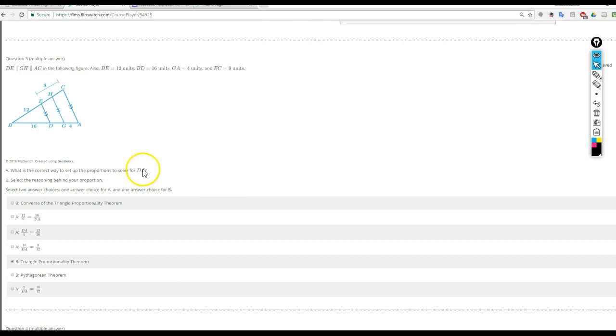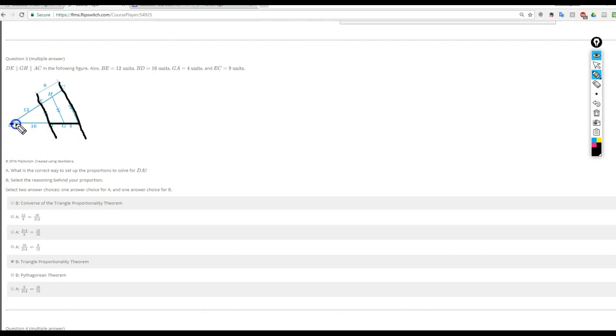And now we have to set up for DA. So segment DA is the segment that is cut off between the parallel lines DE and the parallel line CA.